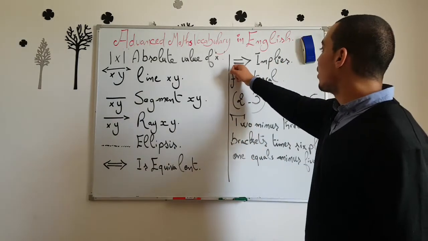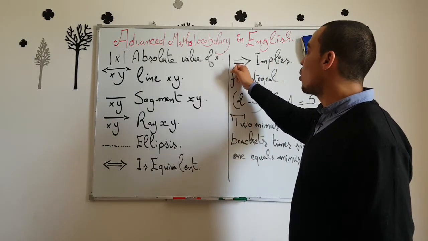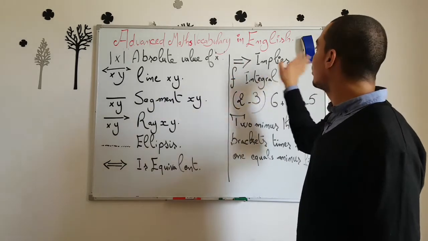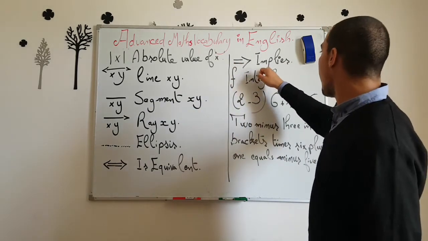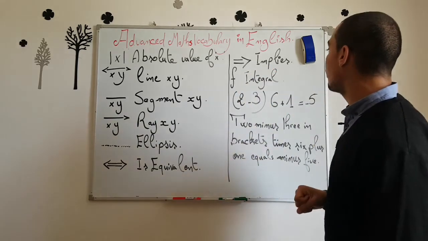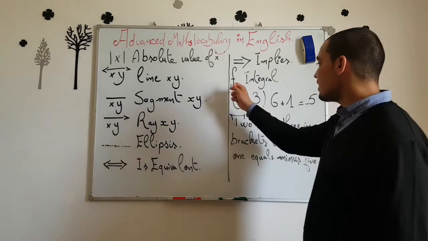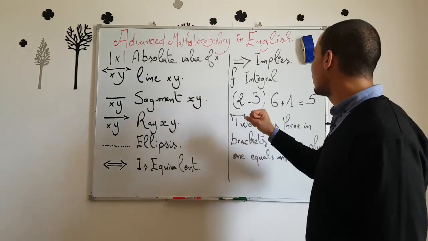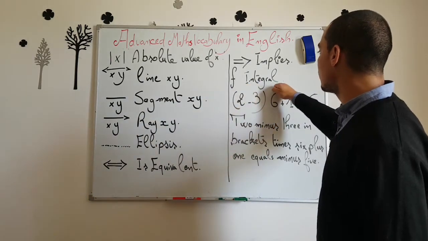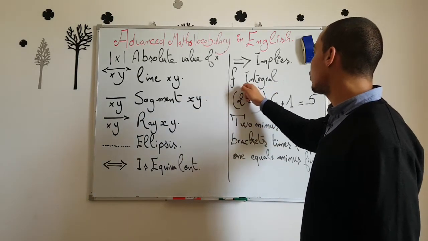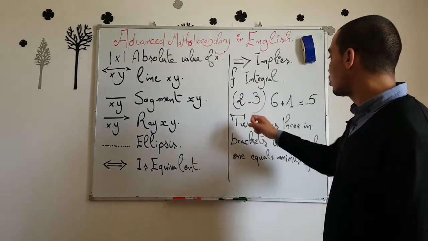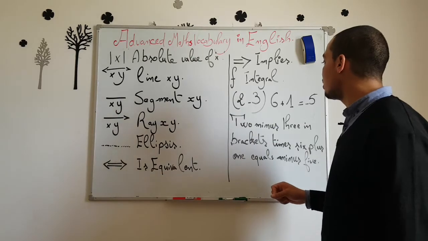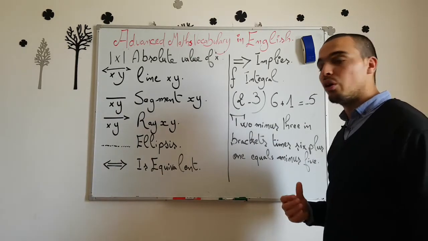And when you find this arrow with two lines pointing to the right, it means implies, and is read as implies. And this symbol, which looks like an f, stands for integral.